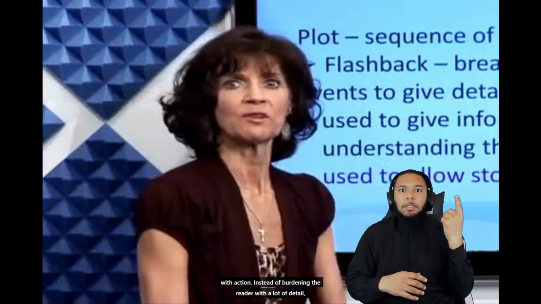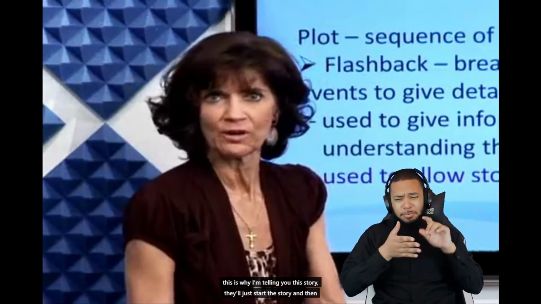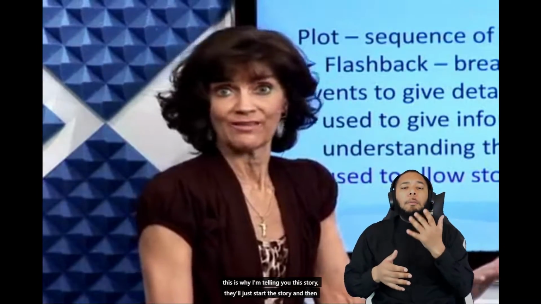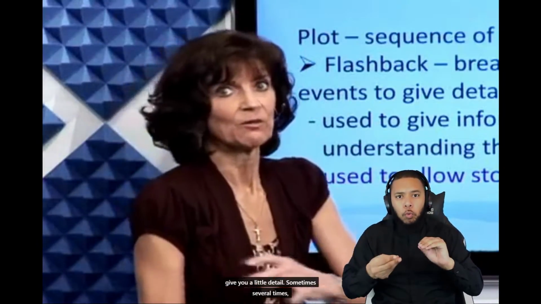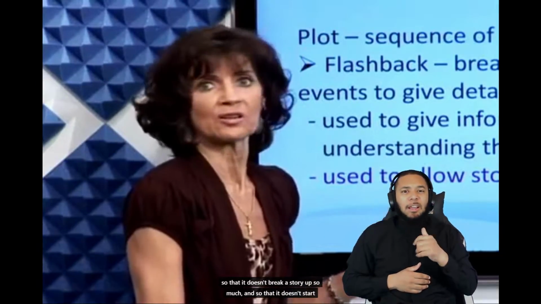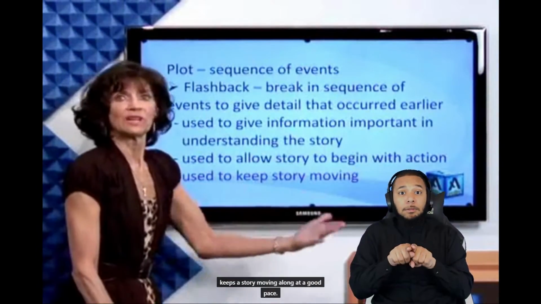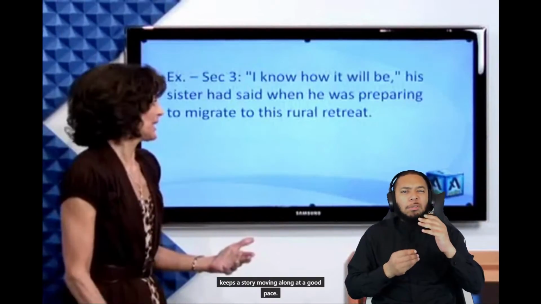Instead of burdening the reader with a lot of detail, this is why I'm telling you the story, they'll just start the story, and then they'll go back and give you a little detail, sometimes several times, so that it doesn't break the story up so much and so that it doesn't start with a monotonous beginning. Also, it keeps the story moving along at a good pace.